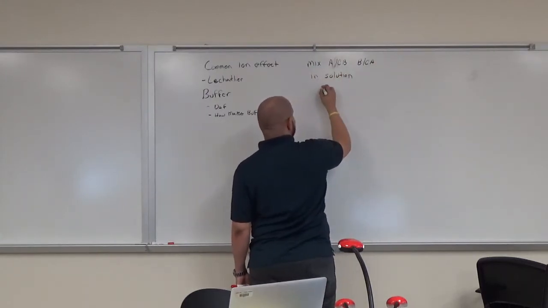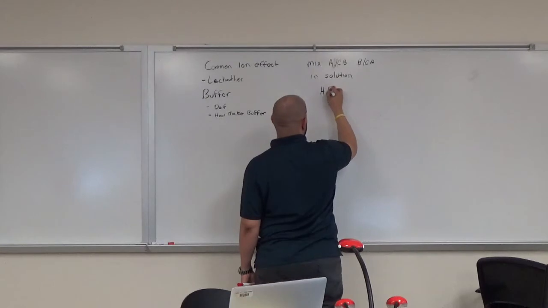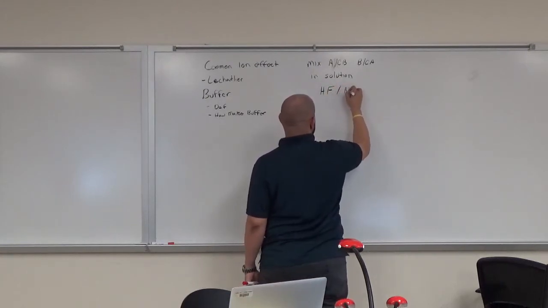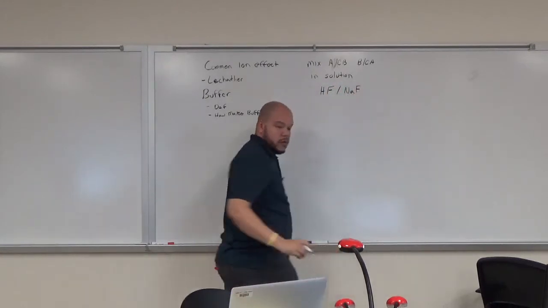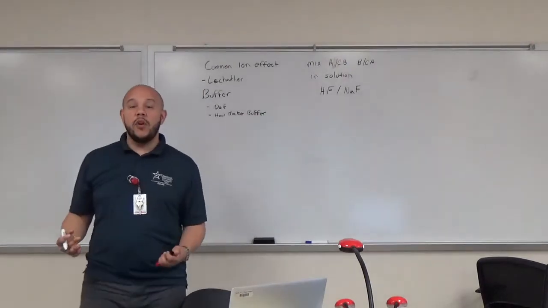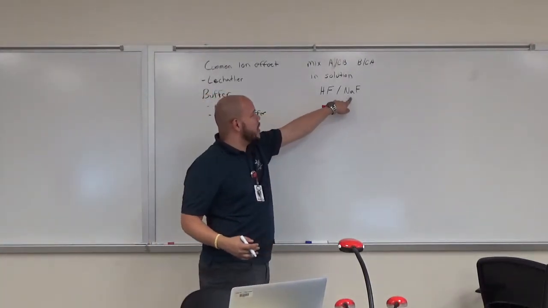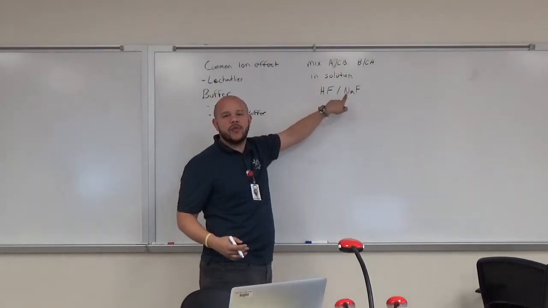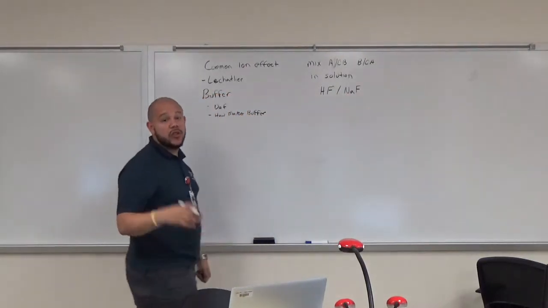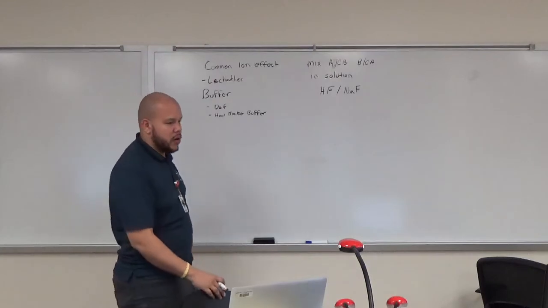For example, let's say we mixed HF and NaF. Okay? HF and NaF. We have not only the acid, weak acid, but we have its conjugate base F-. Remember, the sodium ion in solution is neutral. It is just a spectator, as we say.